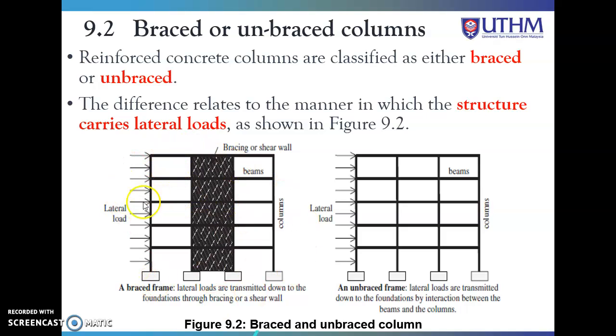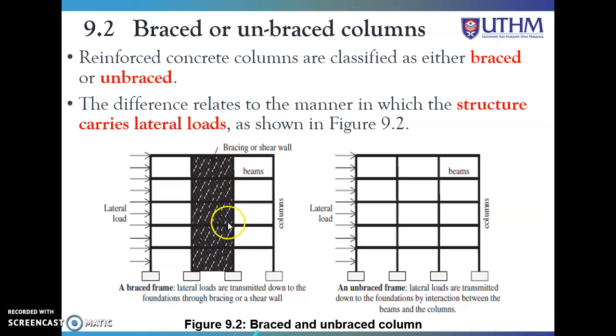So braced column maksudnya bila lateral loads are transmitted down to the foundation through the bracing and the shear wall. Bracing ni adalah kita punya shear wall lah.